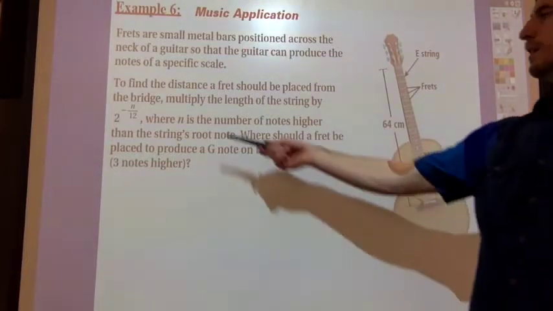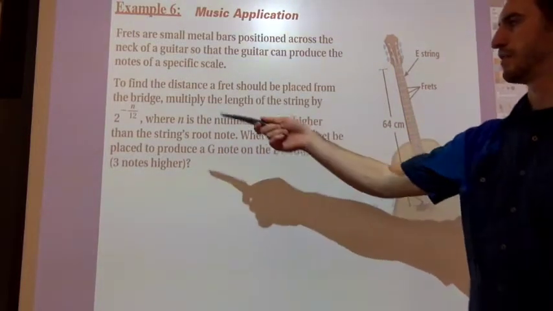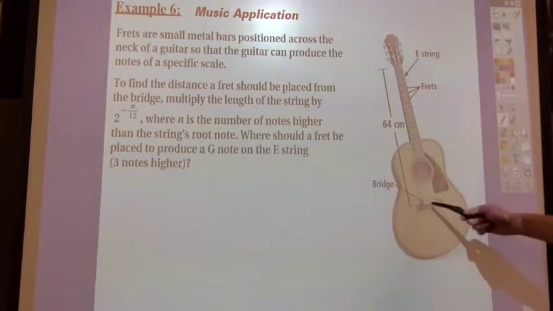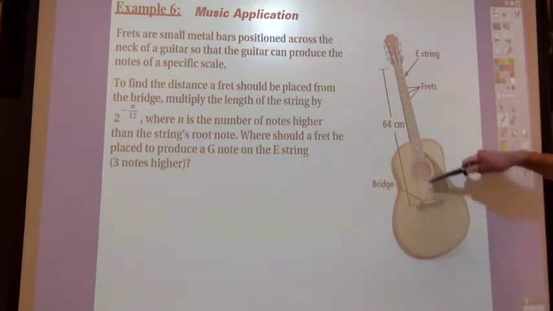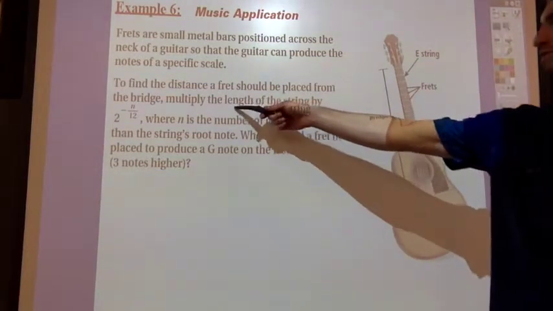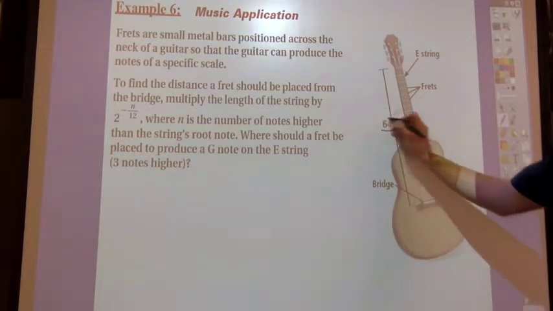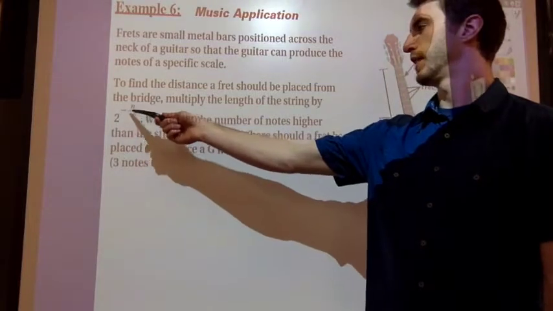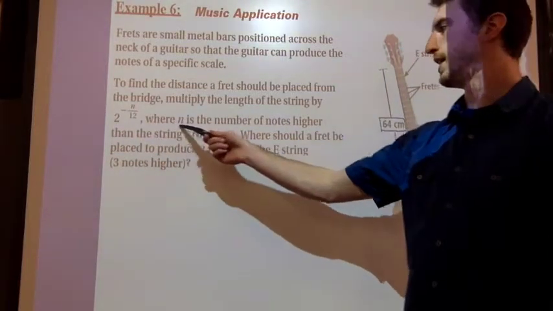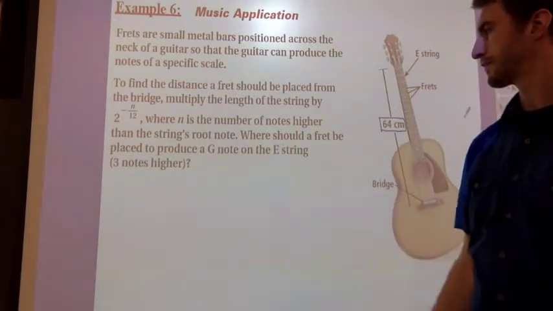But anyway, to find the distance a fret should be placed from the bridge. So the bridge is this thing right here. And they want to know what distance away from this the fret should be placed. You have to multiply the length of the string, which looks like 64 centimeters, by 2 raised to the negative n over 12, where n is the number of notes higher than the string's root note.